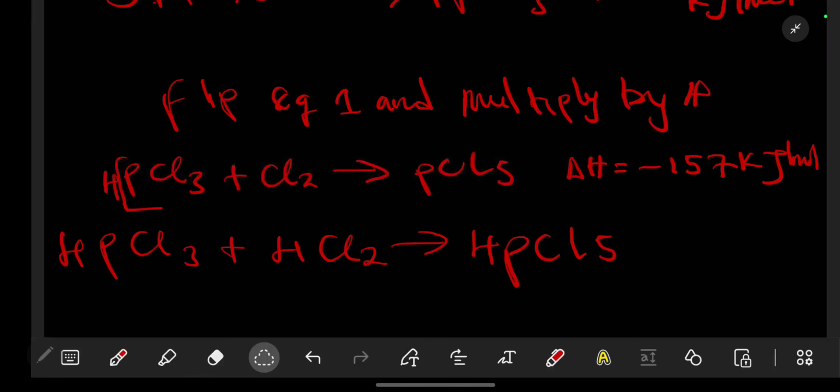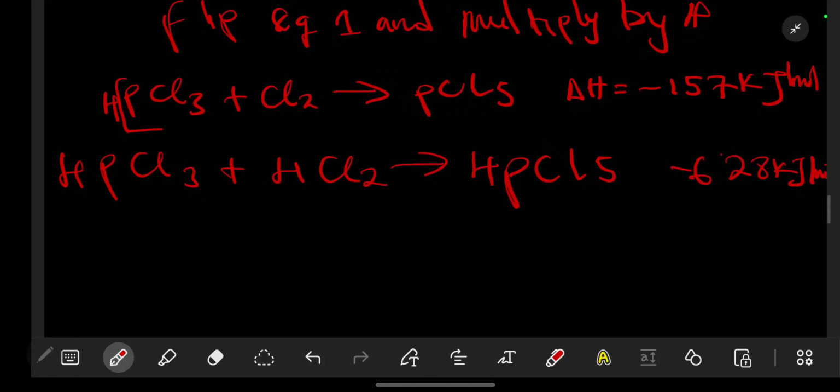So we have 157 times 4, which gives us 628 kilojoules per mole.